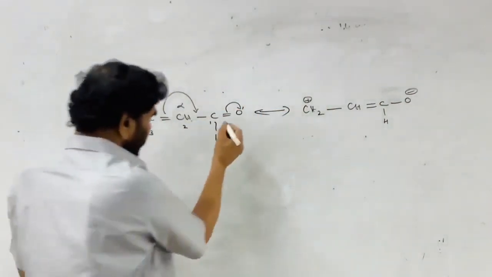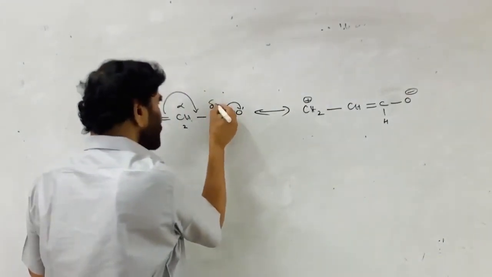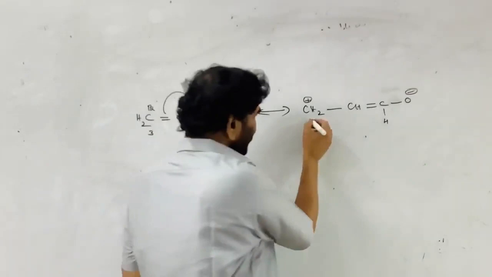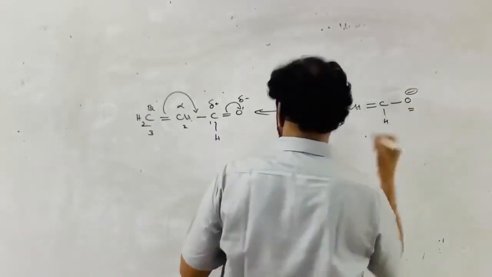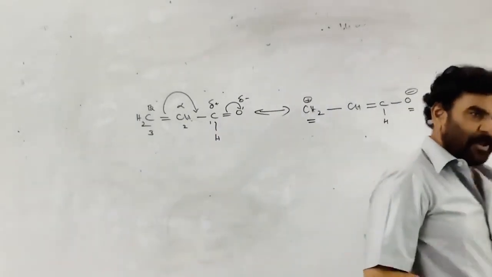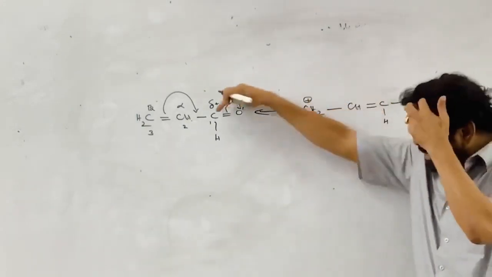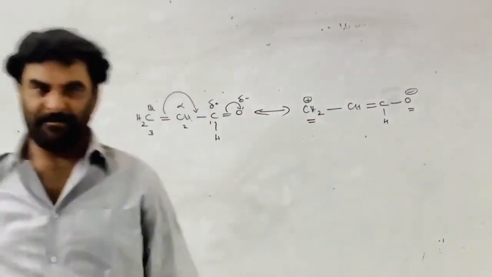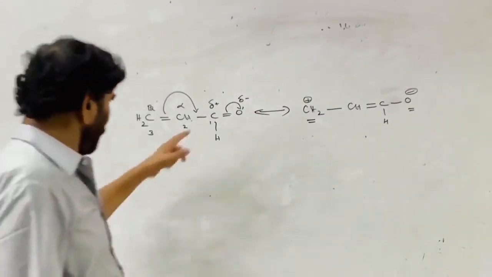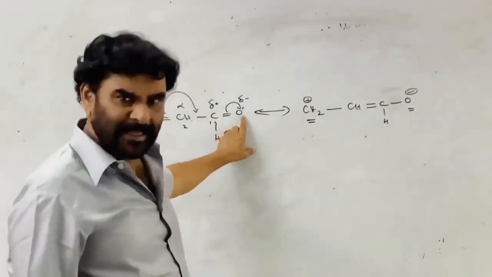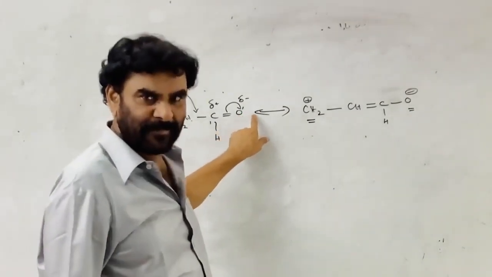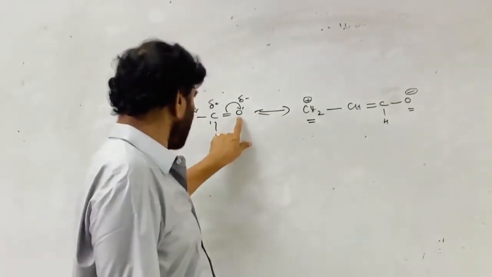See here, this is positive, this is negative in the carbonyl. In the resonance structure, this is positive, this is negative. Oxygen is always negative. Positive charge can be on the carbon, positive charge can be on the ethylenic carbon. So the electrophile always has to come to the oxygen.